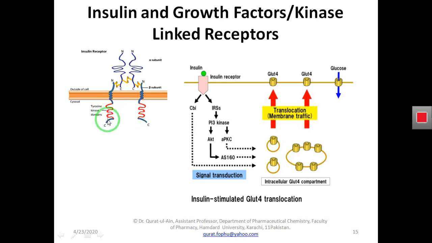That means the tyrosine residues present in this monomer of the receptor will activate this side of the receptor, and the tyrosine residues present in this other monomer of the receptor will activate this site of tyrosine residues. So that is the mechanism of their activation, and what will be the result of this activation?